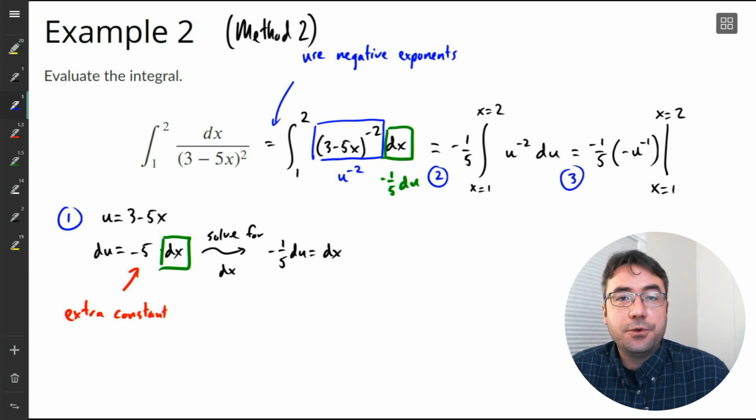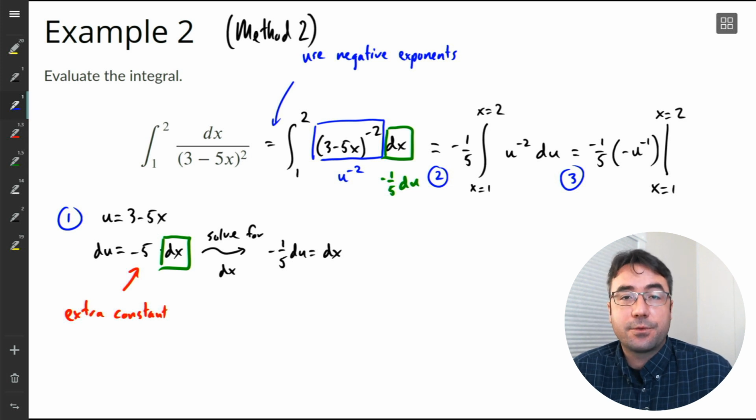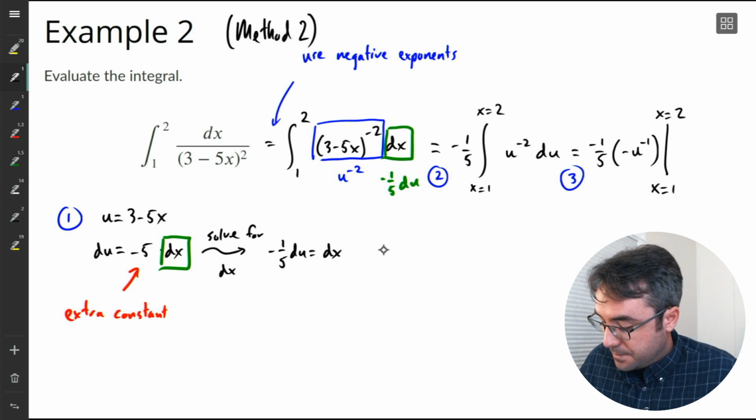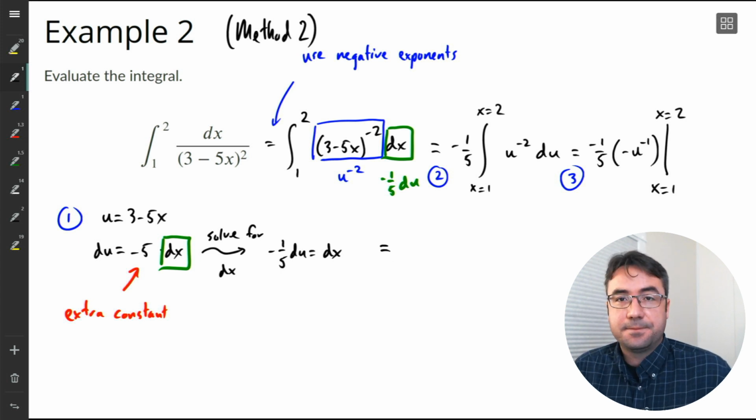We didn't change our limits of integration, so they're still in terms of x, so we have to convert our antiderivative back to x. So let's convert our antiderivative. And while we're at it, let's clean it up a little bit.